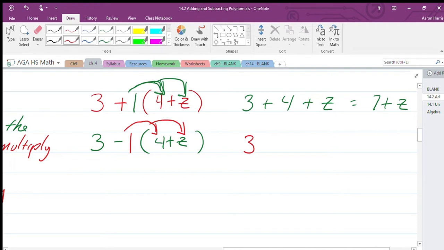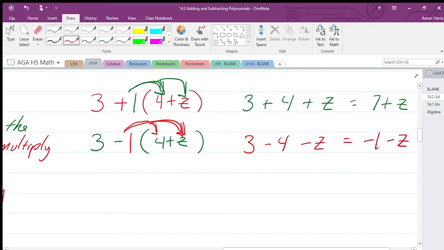A negative times a positive is a what? Negative. So now the 4 turns negative. A negative 1 times the z, I get negative z. So now my answer is what? 3 minus 4? That's just 4 minus 3. I get 1. Keep the sign of the bigger number. So it's negative 1 minus z.